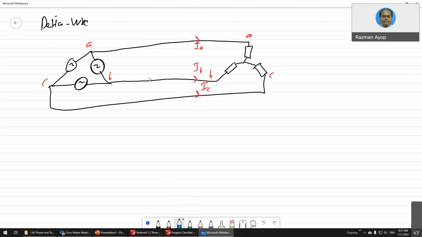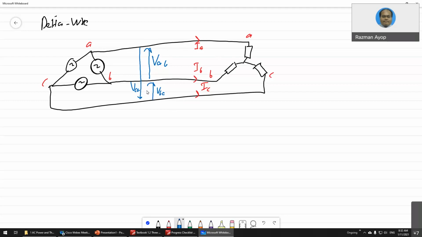This one is line voltage, VAB, because we are going from A to B. Positive is A, negative is B, or you can use an arrow. Then VBC, and going to the bottom, VCA. Make sure you know how to label this.